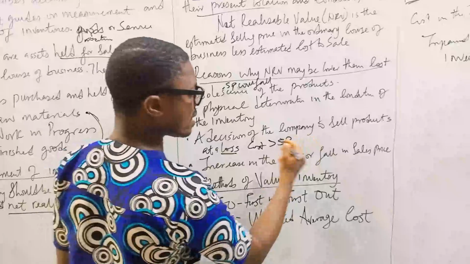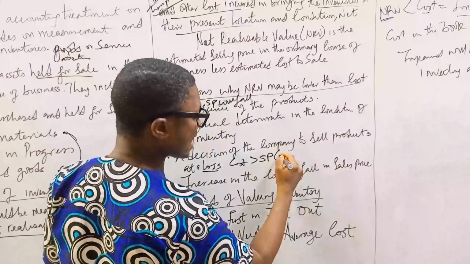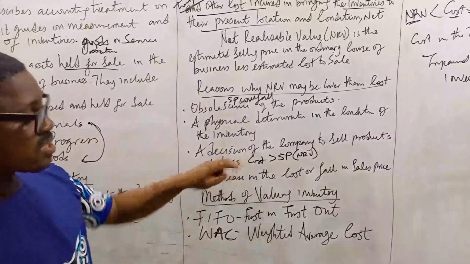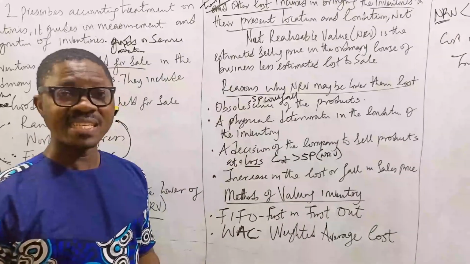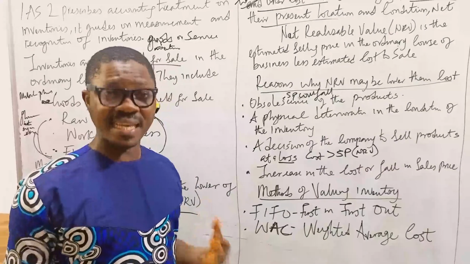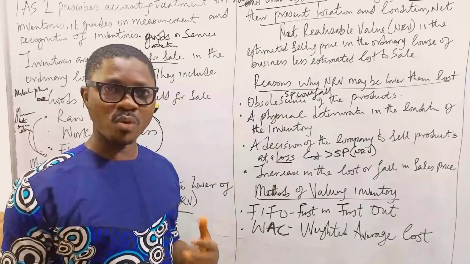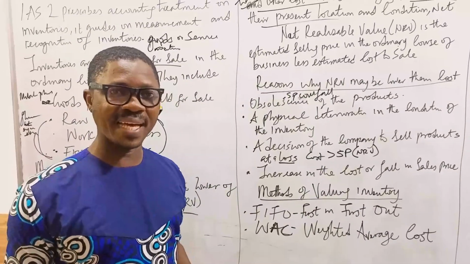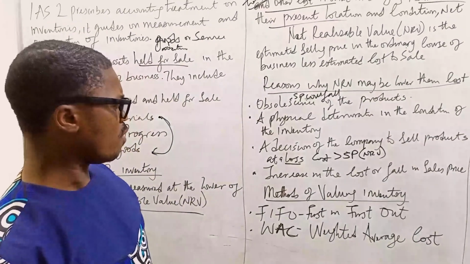And we know that the NRV is a function of selling price. So once the company's management decides to sell at a loss, we know well that the cost will definitely be higher than the net realizable value.